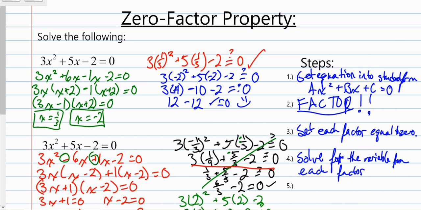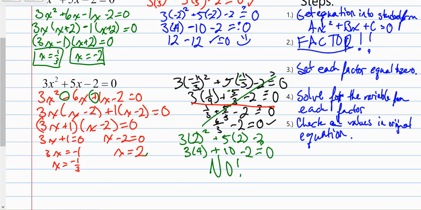And then step 5 is check all values in the original equation. Someone recently asked me if they could check it in the factored form, and clearly, based on my mistake, you know that we cannot.